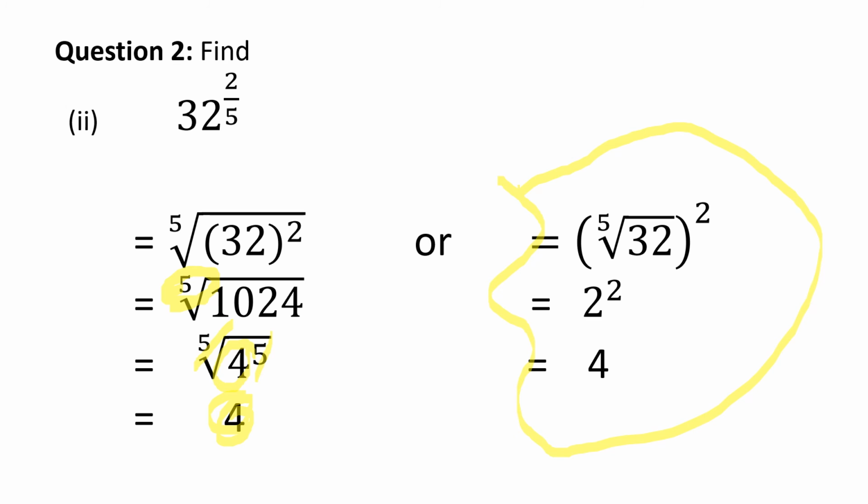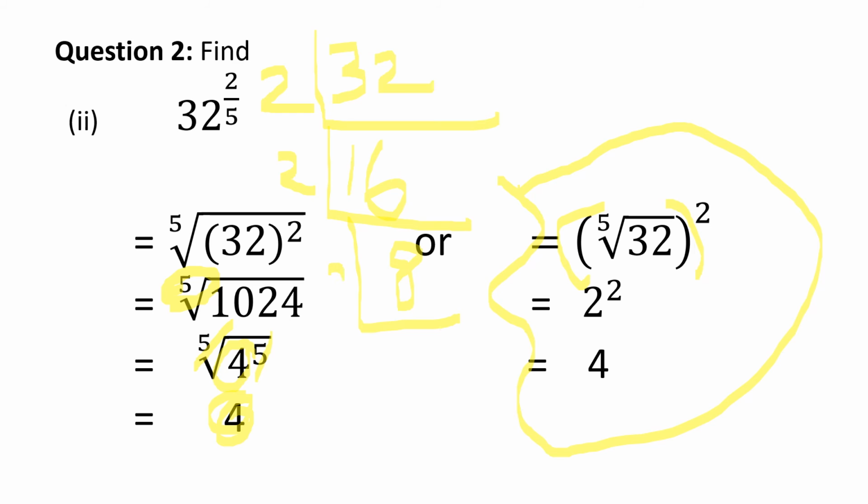Instead of putting square along with 32, I put square as a whole, right? Because it will give you the same answer, okay? Square as a whole. Then first I find the fifth root of 32. Fifth root of 32 is 2. How do I find out? By factorizing 32. Let me factorize 32. The smallest number I take, 2. So 2 1s are 2, 2 6s are 12, so 2 16s are 32. So 2 8s are 16.